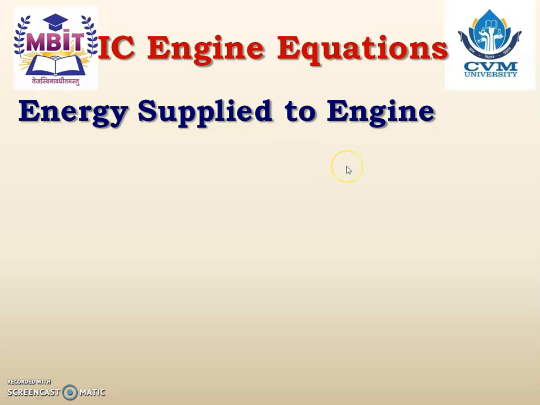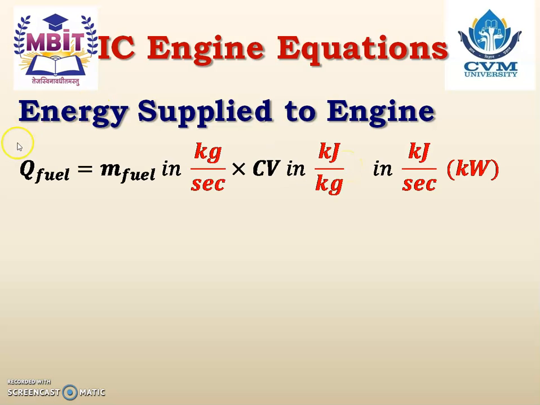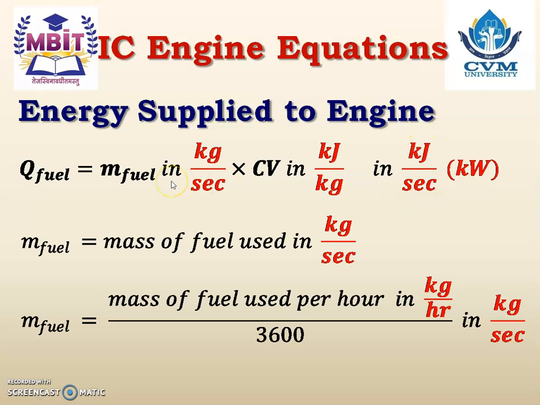Energy supplied to engine, Q fuel, is equal to mass of fuel in kilogram per second multiplied by CV, that is calorific value of fuel in kilojoule per kg. On calculation, we are going to get energy supplied to engine, Q fuel, in kilojoule per second, that is kilowatt.